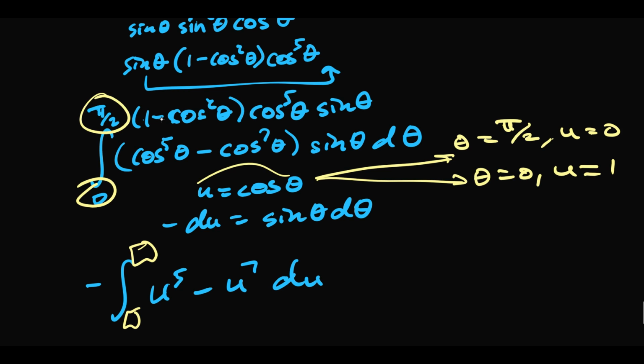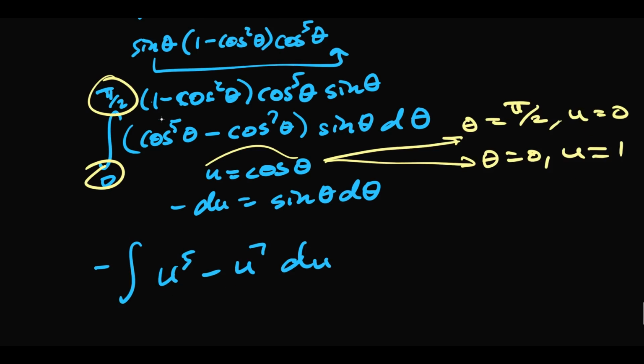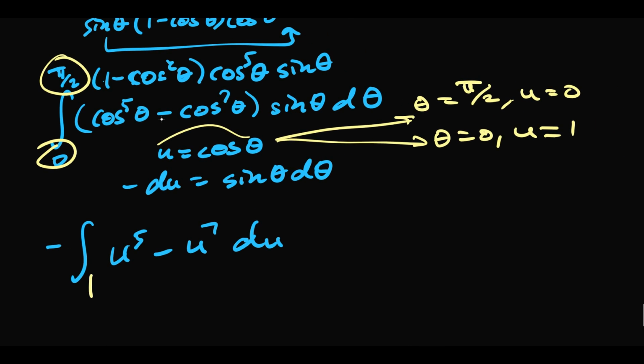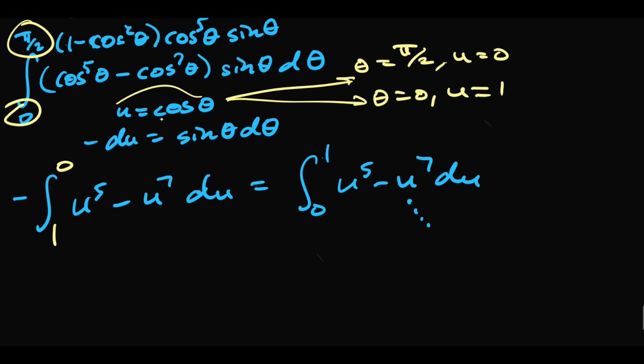So these limits of integration become 1 to 0. And so I can rewrite this as the integral from 0 to 1, because when you flip the limits of integration, you multiply by a negative. So now this becomes u to the fifth minus u to the seventh du, and then you finish it from there. Okay, and now when you do this, you can just keep it all in u.